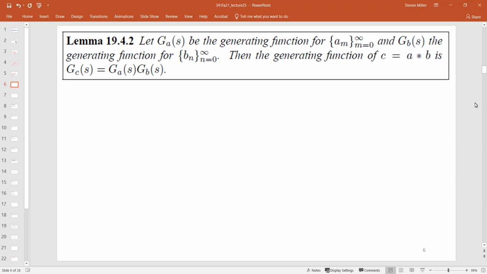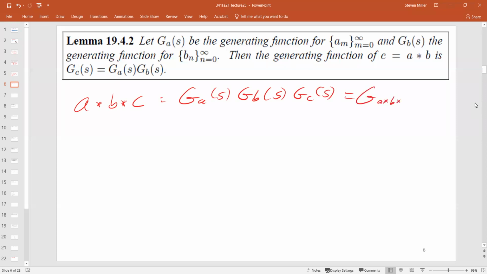And of course, what if we had A star B star C? What would the generating function of A times the generating function of B times the generating function of C equal? Yeah, the generating function of A star B star C. And this is done by grouping.